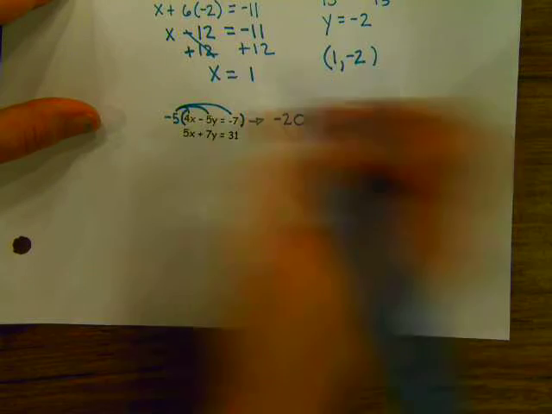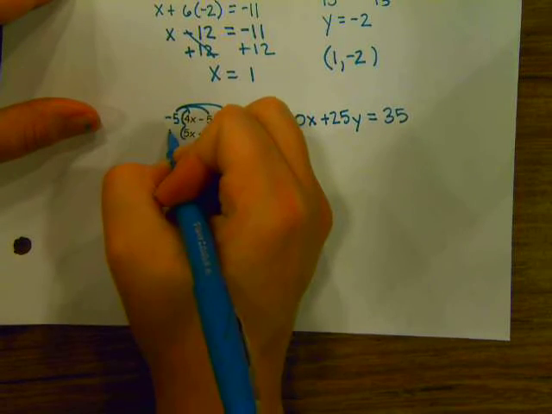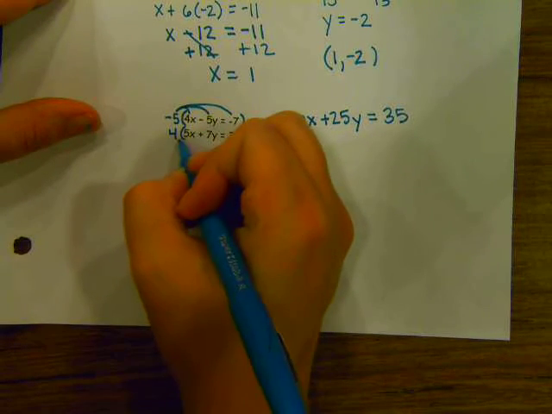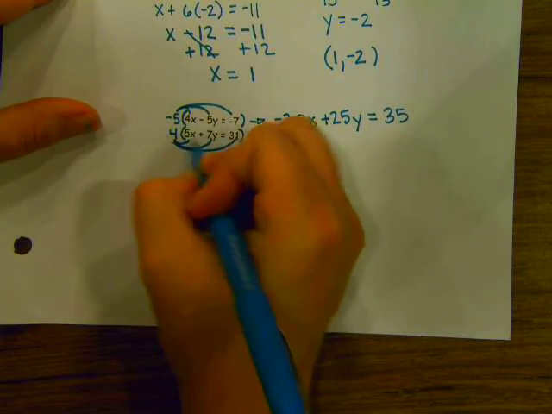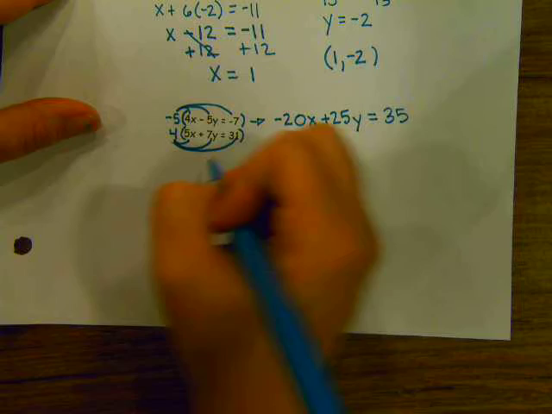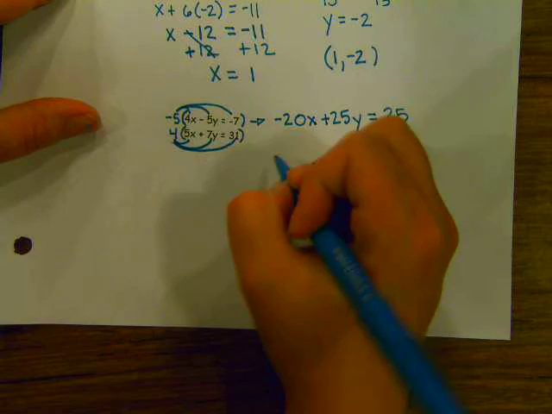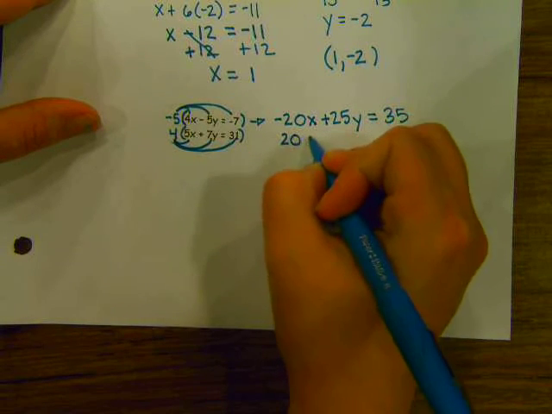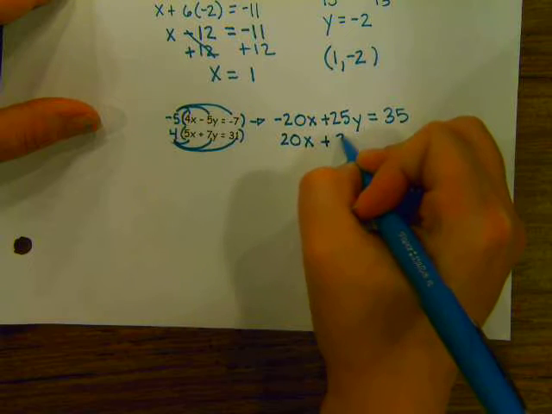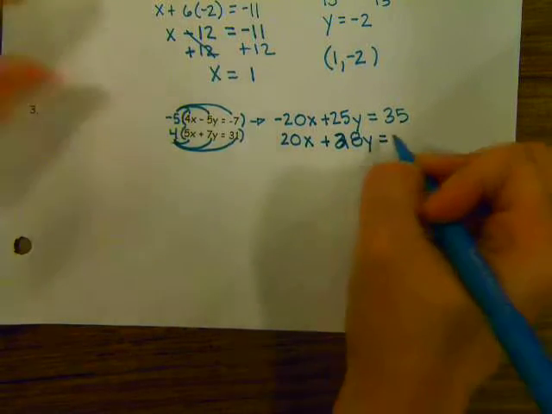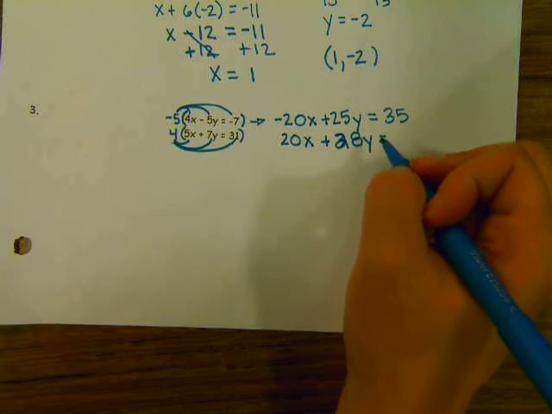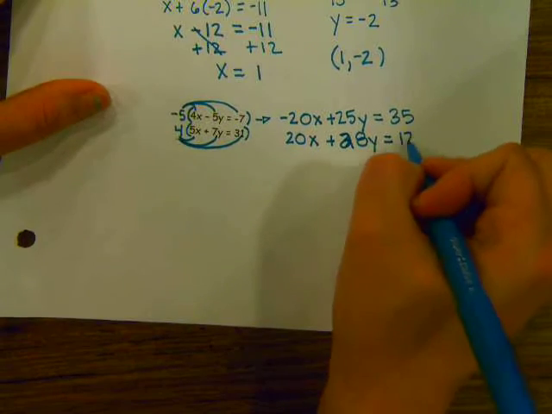Then from there, I'm going to multiply the bottom one by +4. And I'm multiplying it by +4 so that the bottom x is still a +20, because I already have a -20 up here. So 20x plus 28y equals, so 31 times 4 in the calculator, I got 124.